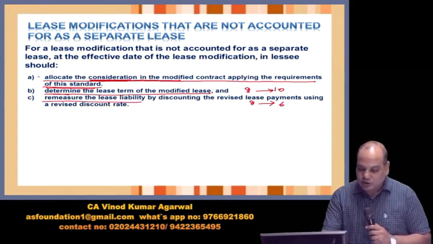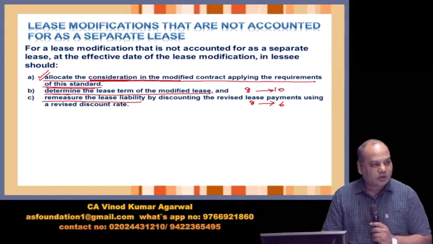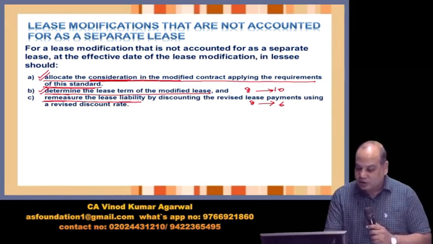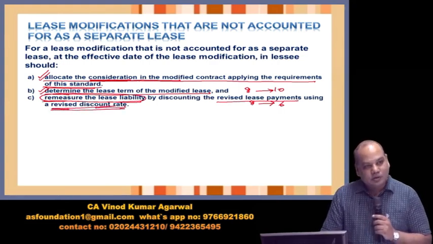So one is you have to make a list of the cash flow that will get altered. Okay. Second, possibly the lease term may also change. Third thing, you have to recalculate the lease liability by discounting the revised lease payment using a revised discount rate.